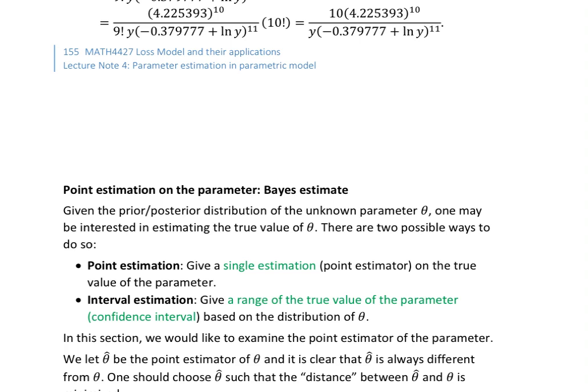Remember the Bayesian estimation. We start from the case where you have a random variable S following a certain distribution with some unknown parameter theta. In the Bayesian estimation, we assume that this theta is a random variable.